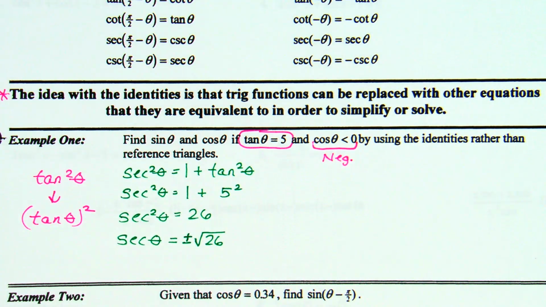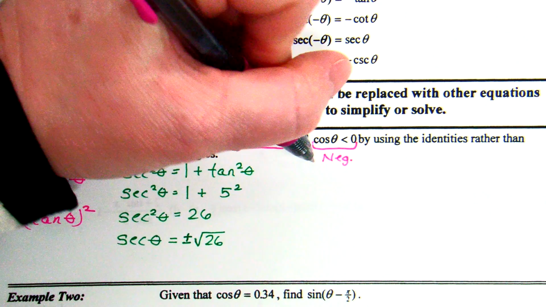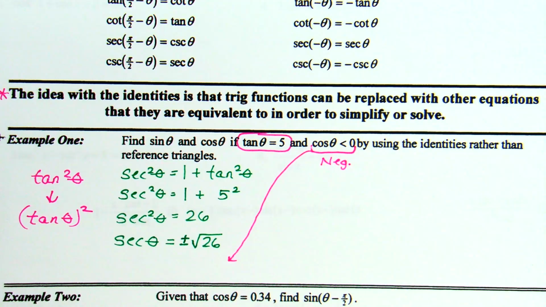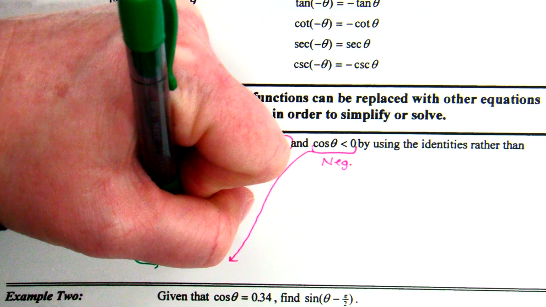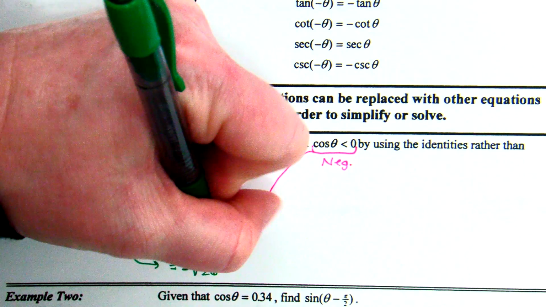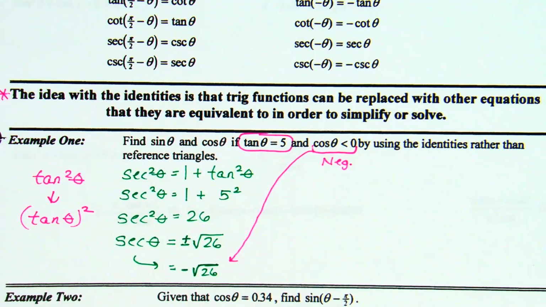And in our cosine quadrant, secant does the same thing cosine does, right? So if cosine is negative, then secant is what? Negative. So I know that because of that, secant has to be negative square root of 26.